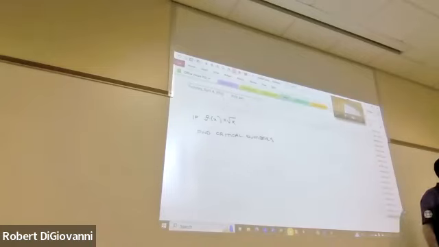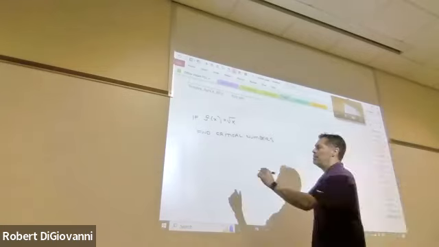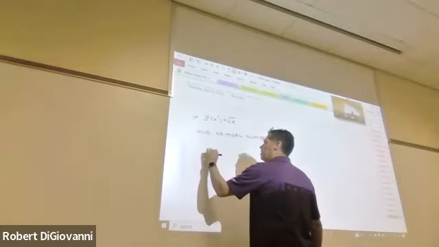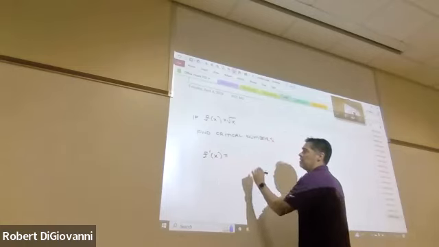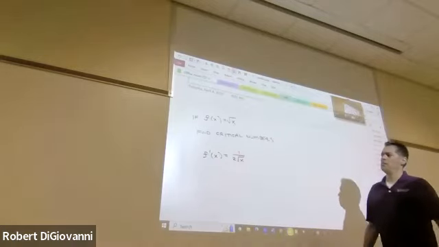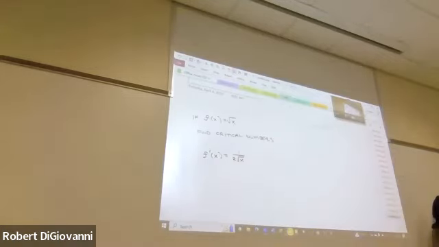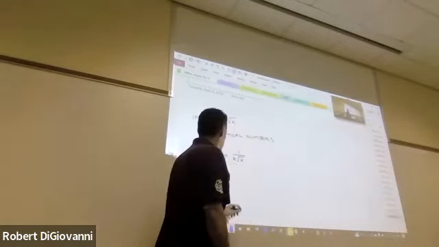Set it equal to 0. See where it doesn't exist. What's the derivative of this function? We've done this before. What is it? 1 over 2 square root of x. There's my derivative. And now I have to ask myself 2 questions.